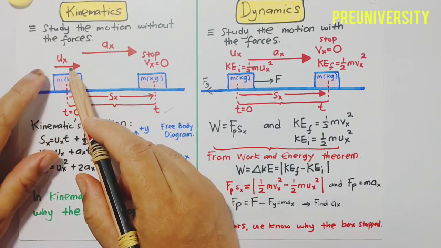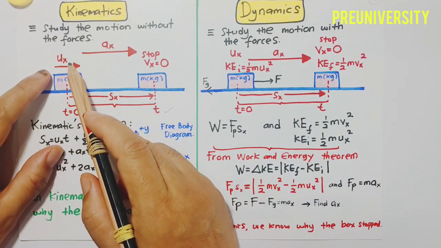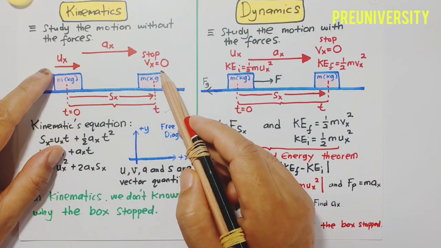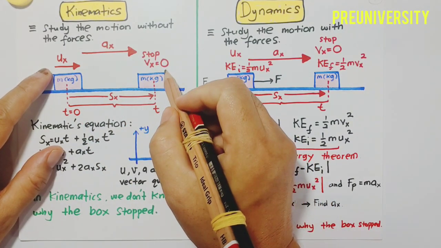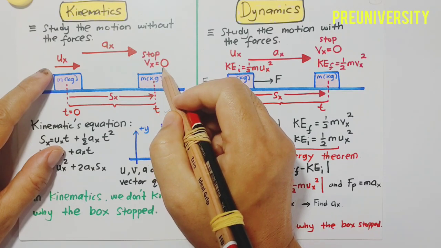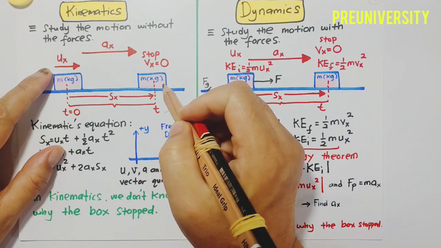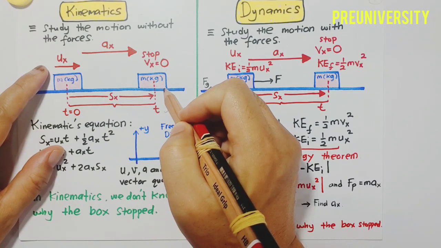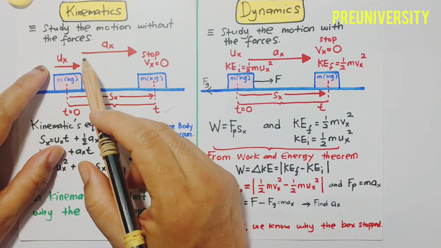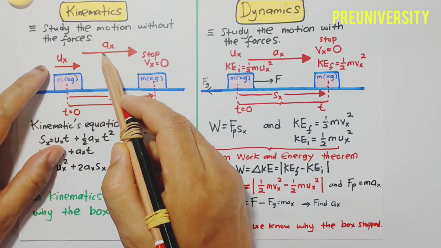The object starts with the initial velocity ux, and vx is the final velocity. In this case, vx is equal to 0. That means the object stops here.